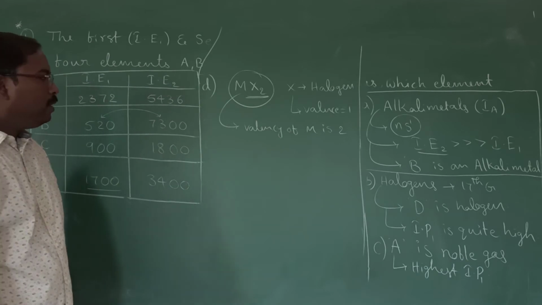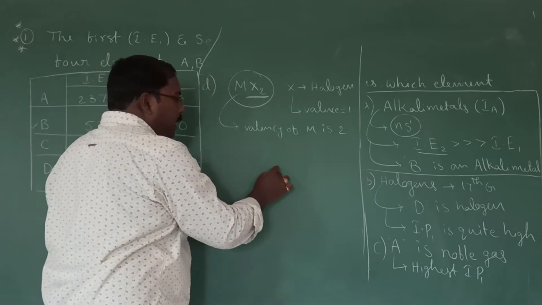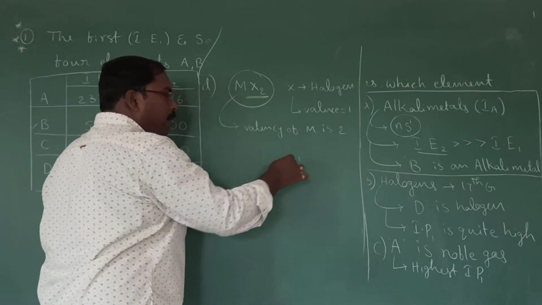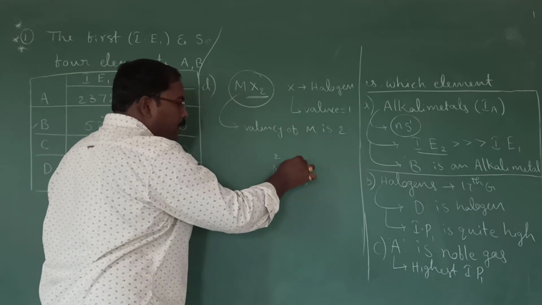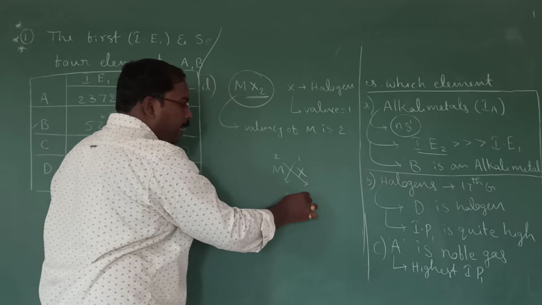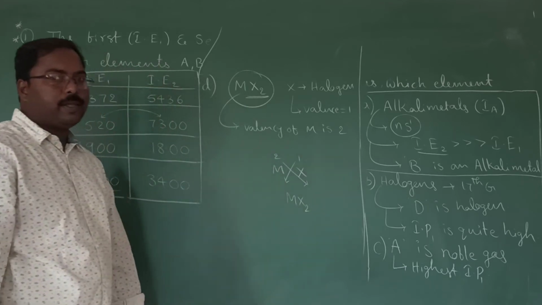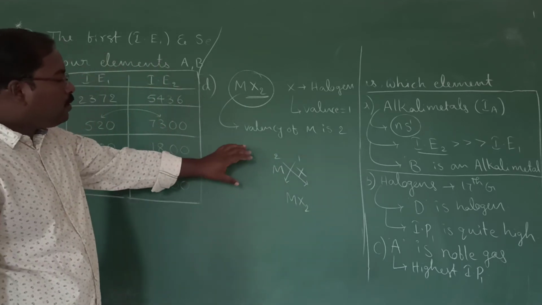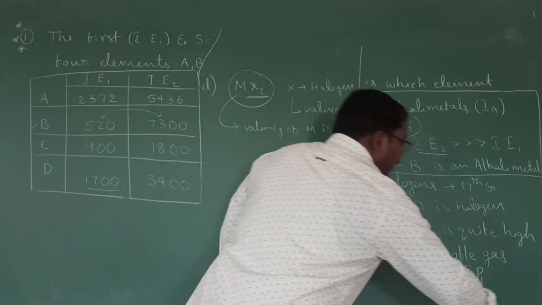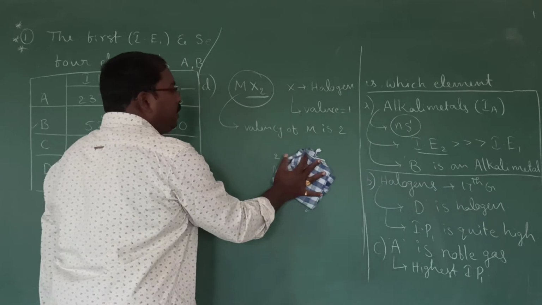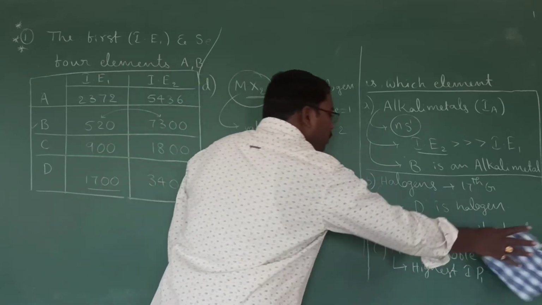Correct or not? Understood? Because of how we frame the formula: valency of X, valency of M, then we do crisscross. Then we get the formula as MX2. Right? So first, from the given data, it is very clear that the element M has valency 2.